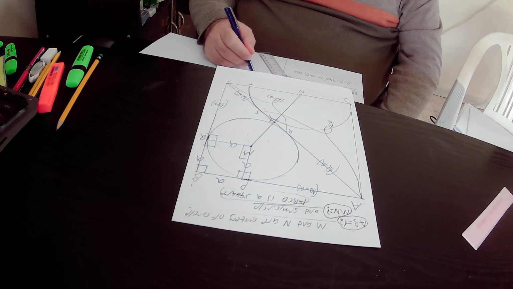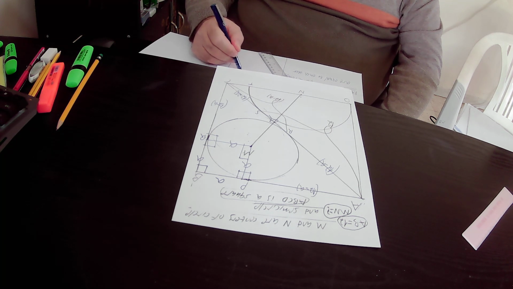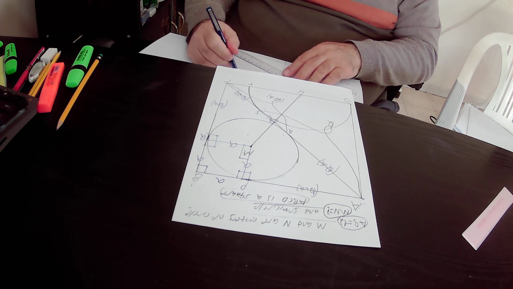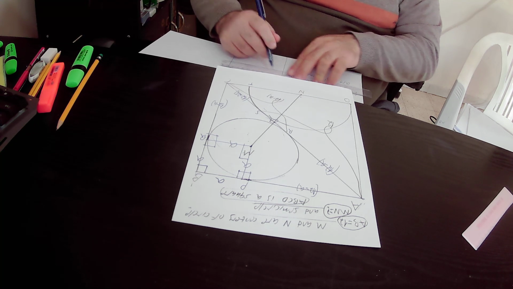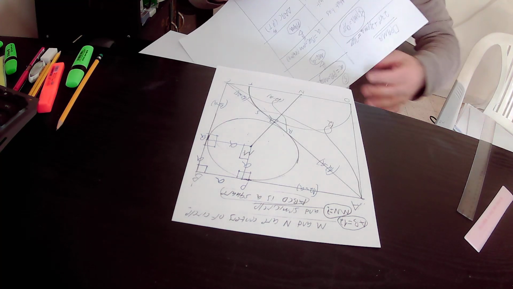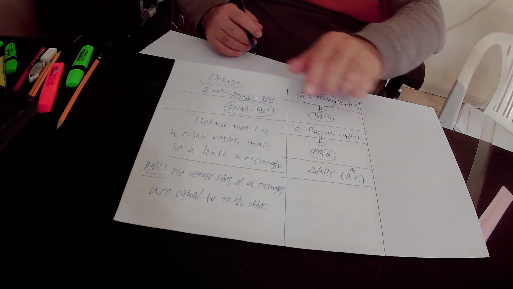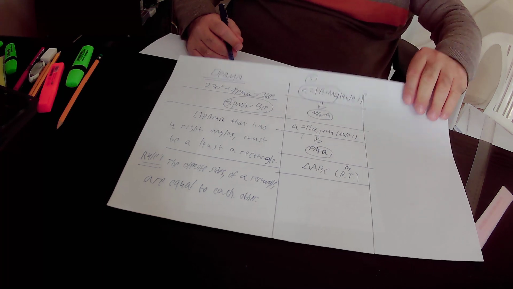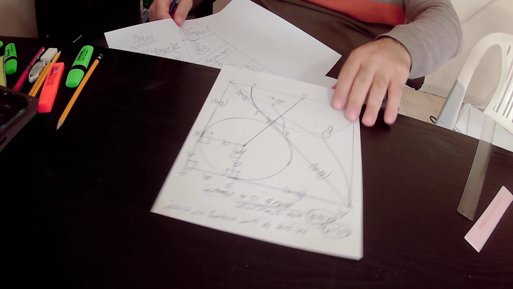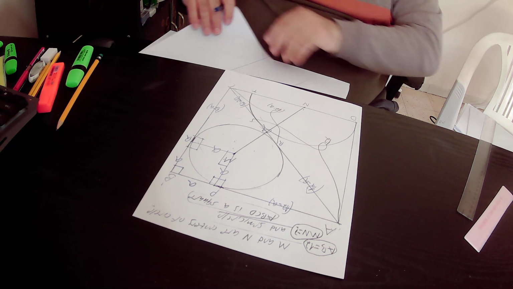So, according to the Pythagoras theorem, if the letters PT are an abbreviation for Pythagoras theorem, in the right triangle ABC, the square of the hypotenuse equals the sum of the squares of the perpendiculars.